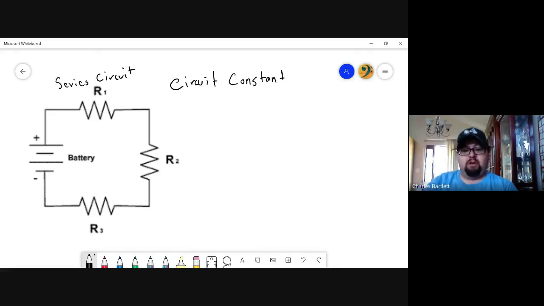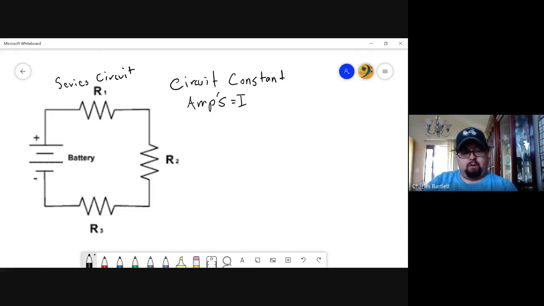The circuit constant for a series circuit is amps. Which goes back to the video: there's a bottleneck, but that doesn't change the volume passing through the circuit. The other values on the circuit, such as voltage, do change. They're not constant. Amps is constant.